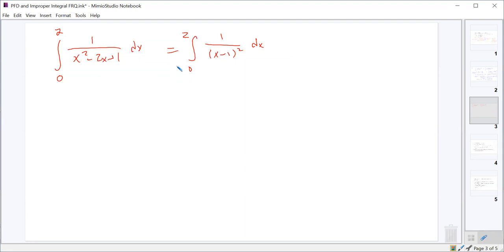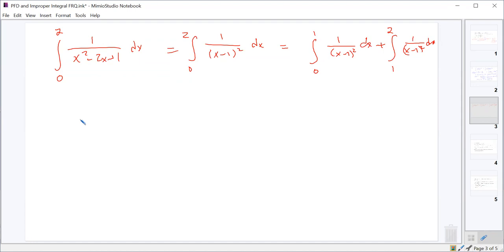So when we do this integral, we've got to separate it out into an integral from 0 to 1 of 1 over (x minus 1) squared plus an integral from 1 to 2 of 1 over (x minus 1) squared dx. And then we'll have to replace the 1's in both of those integrals with some other variable, because we've got an infinite discontinuity.